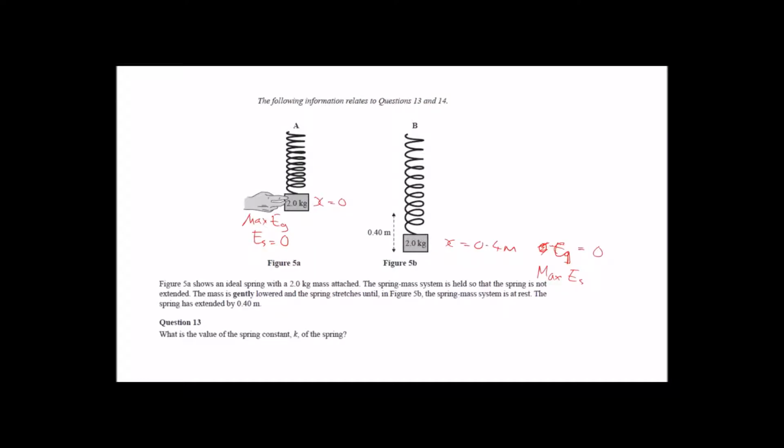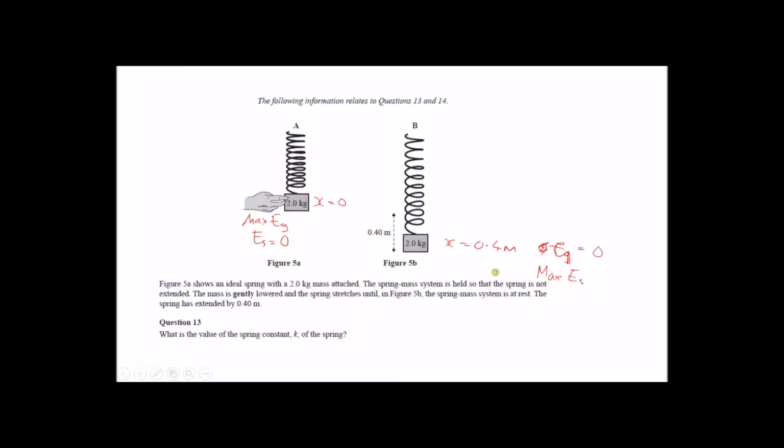If you think about what's happened in these two examples, at the starting position, we've got no extension, we've got the maximum gravitational potential energy, and we've got no strain potential energy. At the lowered point here, we've got no gravitational potential energy, relatively speaking.